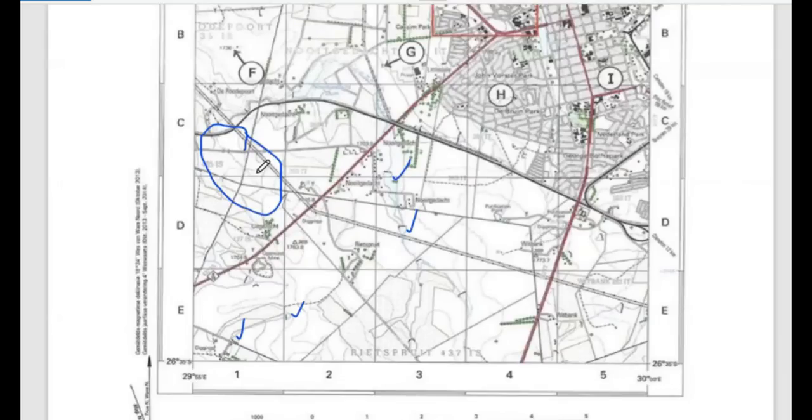Why it is ideal for farming in this area is that it is on the pavement. This is a lower lying part of the slope, the pavement, and the soil is fertile.